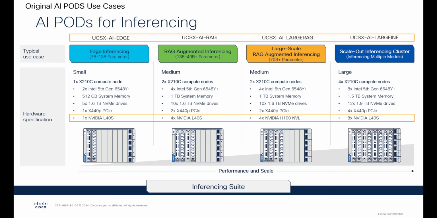There's also different quantities of CPU and RAM, and drives. But the main thing here is AI business applications scale based on the GPUs that are supported in the box. Okay, that's the main thing I want you to notice.